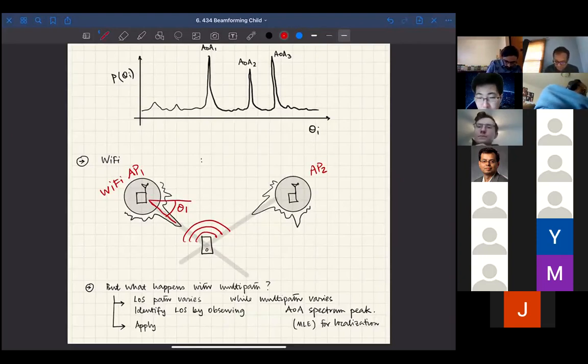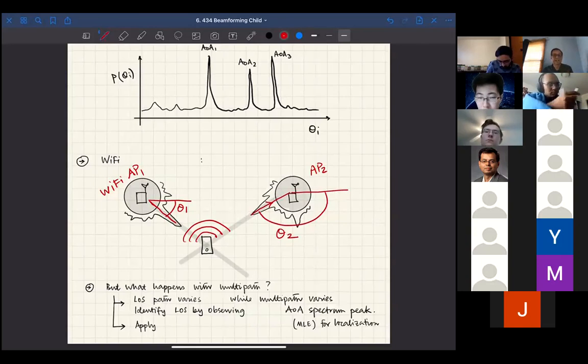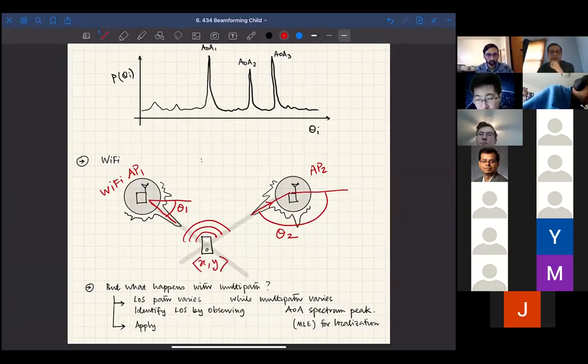The AP2 says, oh, I see, the beacon is coming from angle θ2. And assuming that you know the locations of the two Wi-Fi access points, then you can say, oh, this is θ1, that is θ2, where do they intersect? And from that, you estimate the location of the phone.